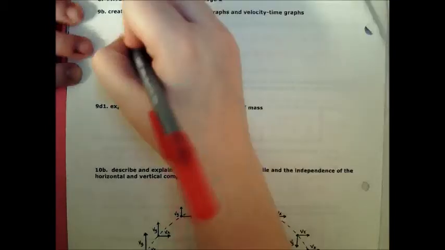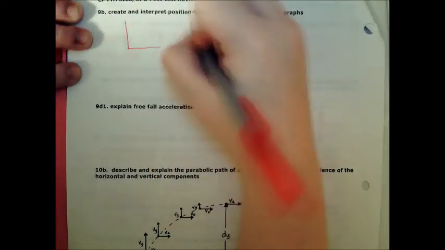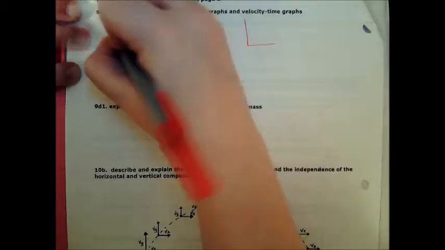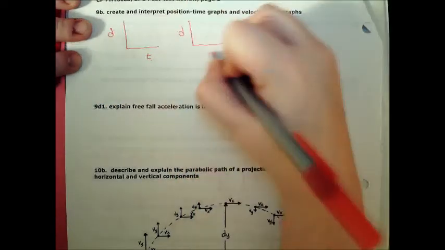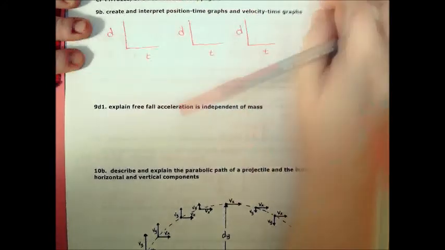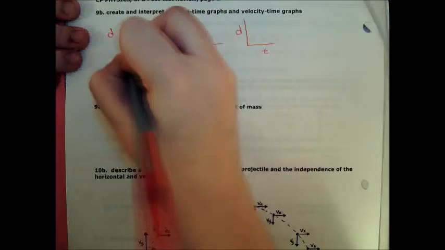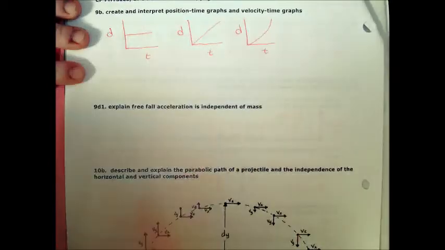So position versus time, there are three main ones. I'm going to put D versus T. The county does sometimes put P for position instead of D for displacement. I don't know why. So here are the three displacement graphs.